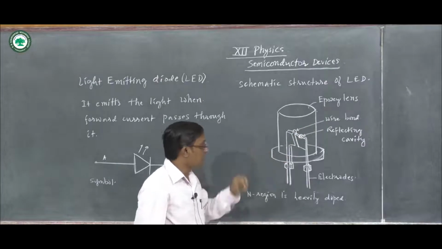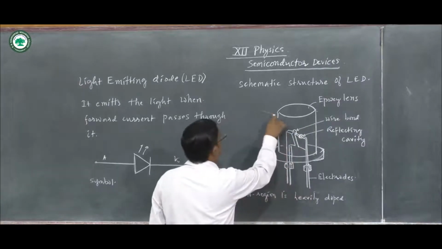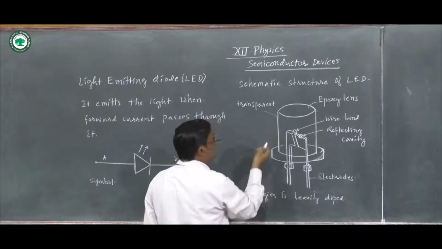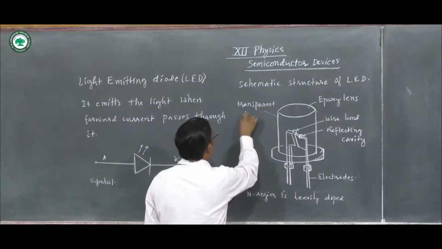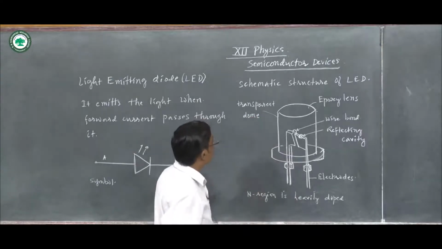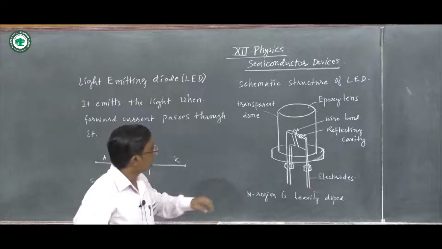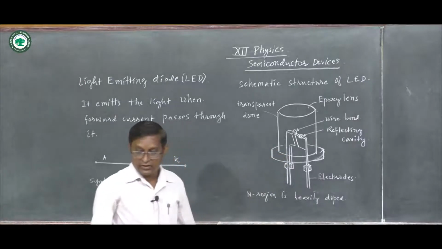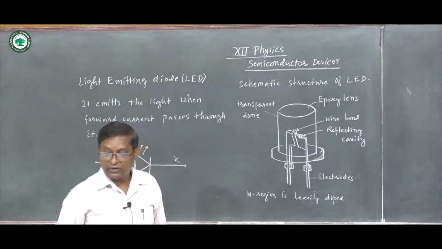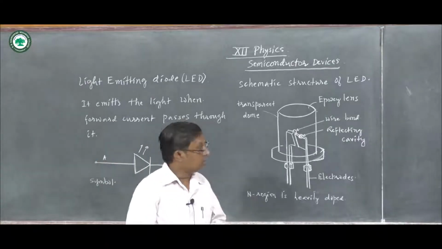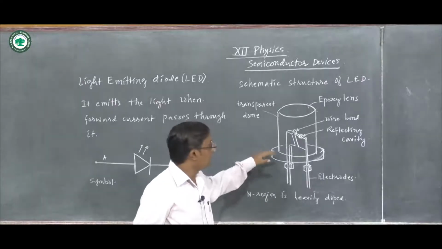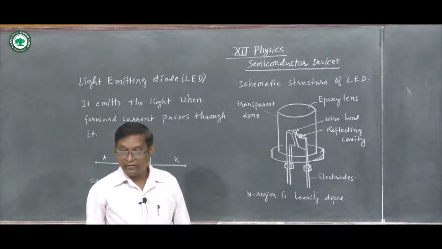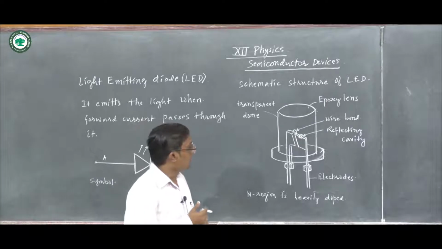This case is transparent and has a dome shape, in which the p-n junction is kept, so that when the p-n junction emits light, it is uniformly distributed and the internal reflection of that light is minimized.